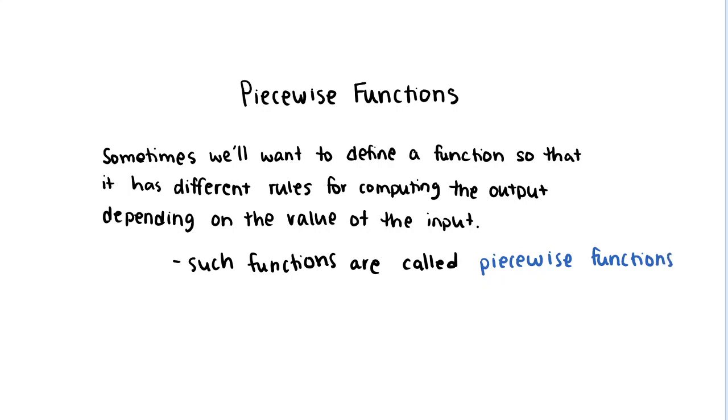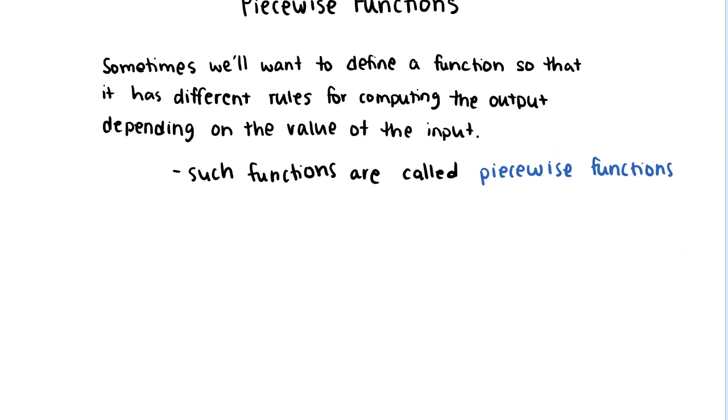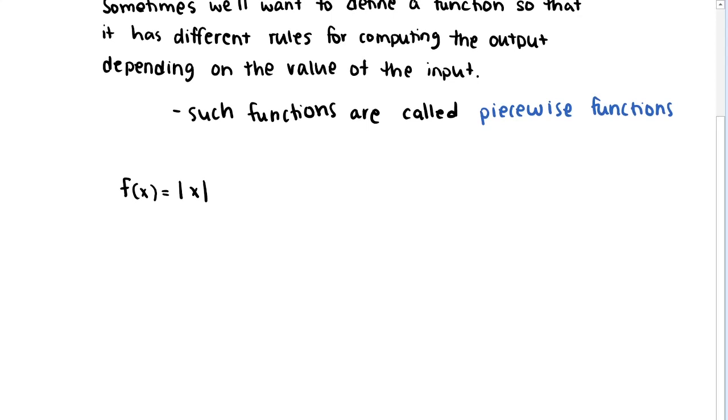So here let's use an example that we're pretty familiar with, though you may not have thought of it as a piecewise function. Let's look at f of x is equal to the absolute value of x. This function does two different things based on what the input is. If the input is 0 or a positive number, what does this function do?